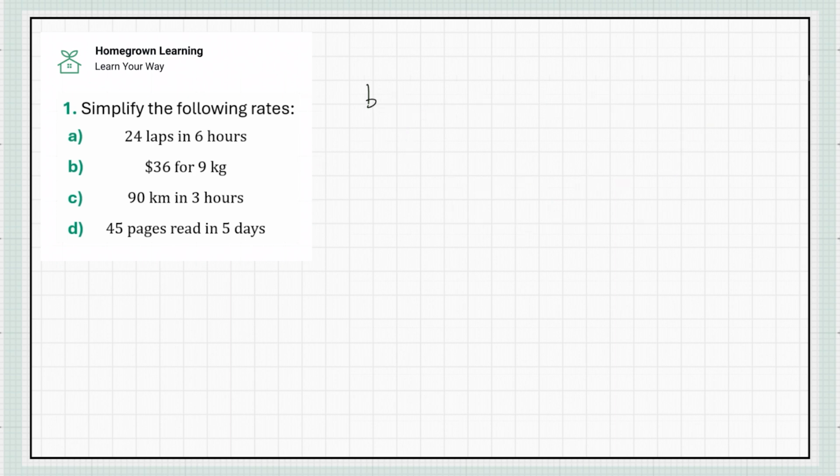Alright, looking at B, we have $36 for 9 kilograms. Again, we want to know how much we would have to pay for a single kilogram. And this is useful because if I know how much I can pay for a single kilogram, then I can multiply that out by the amount of kilograms I actually need.